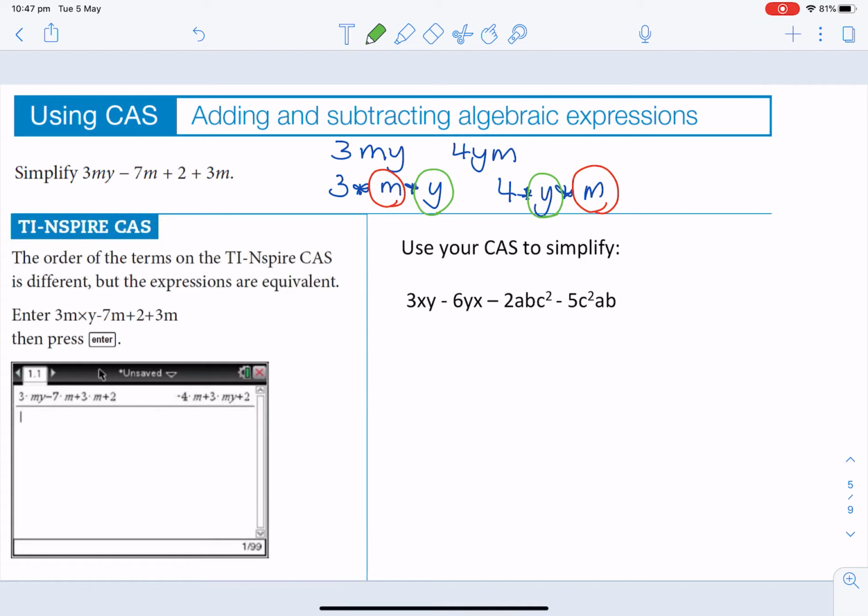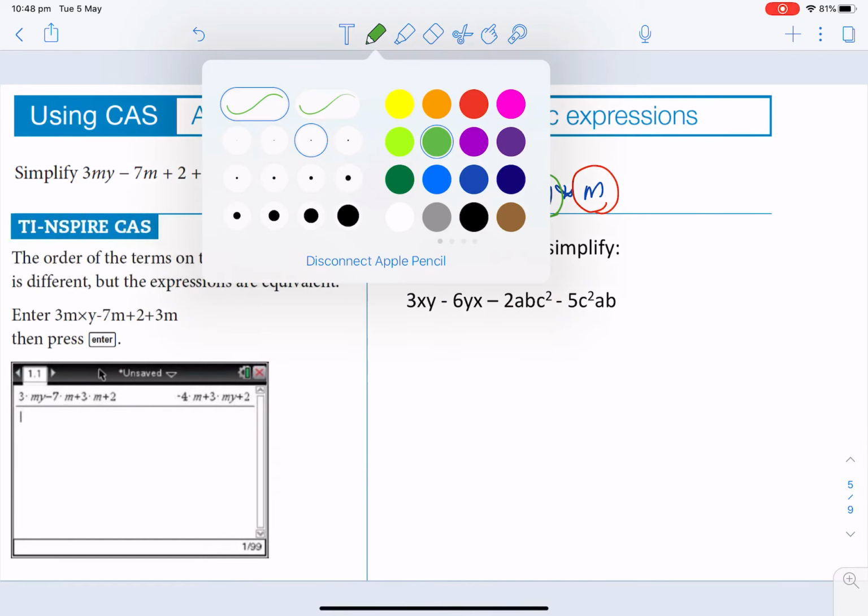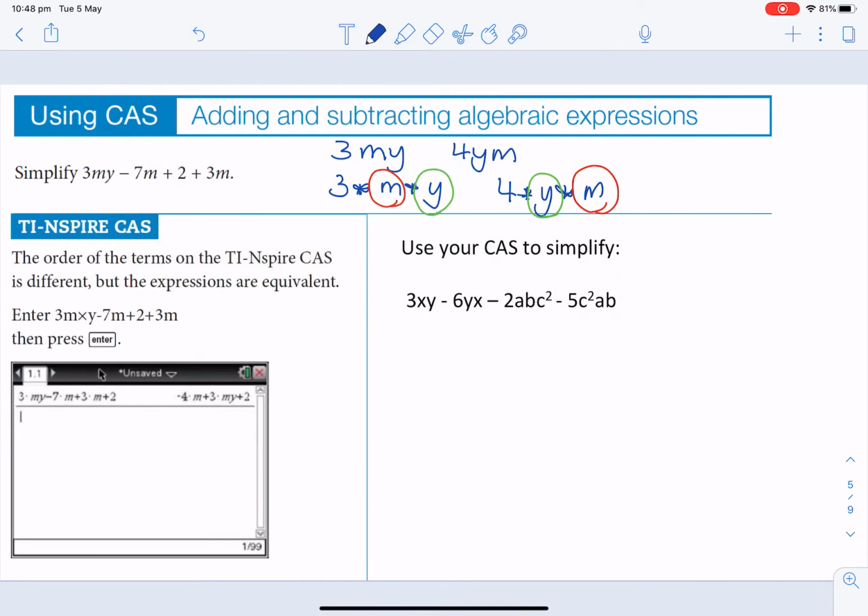My first one is simplify 3my take 7m plus 2 plus 3m. Now I'm going to fill it in at the bottom of this CAS screen. The CAS has already done it for me, but I'm going to show you by hand. As I said, not everyone has to have a CAS calculator. So 3my minus 7m plus 2 plus 3m.